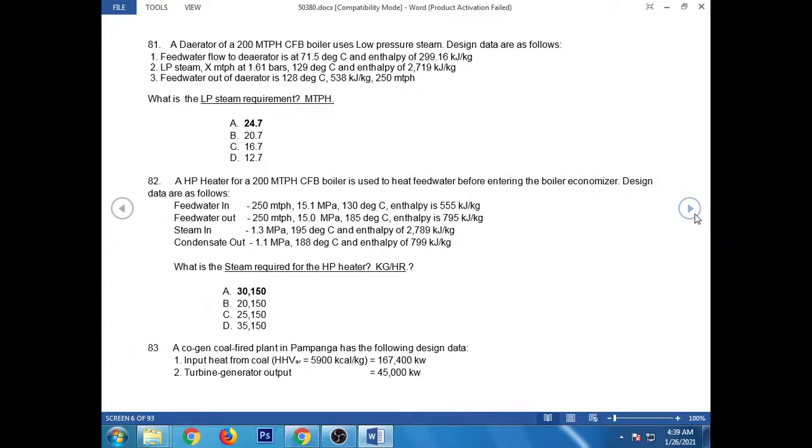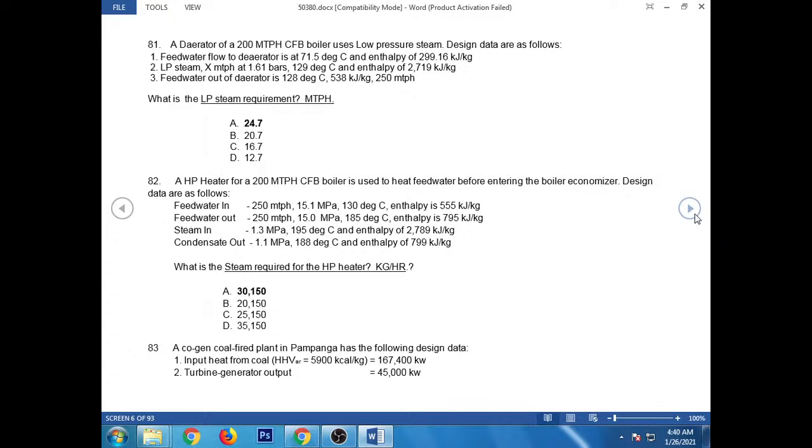LP steam X MTPH at 1.61 bars, 129 degrees Celsius, and enthalpy of 2719 kilojoule per kilogram. Feed water out of the deaerator is 128 degrees Celsius, 538 kilojoule per kilogram, 250 MTPH. What is the LP steam requirement in MTPH?